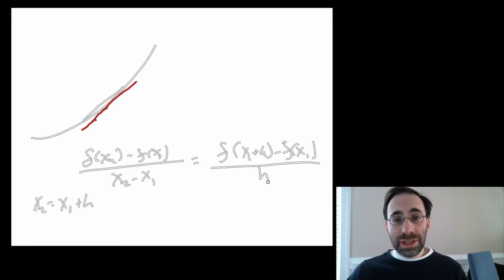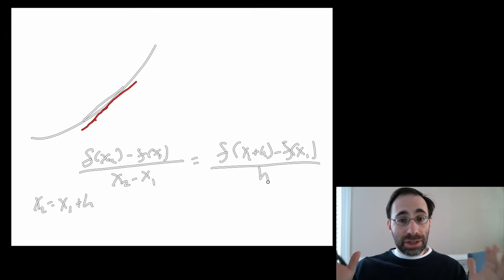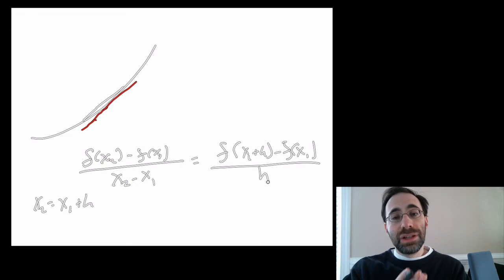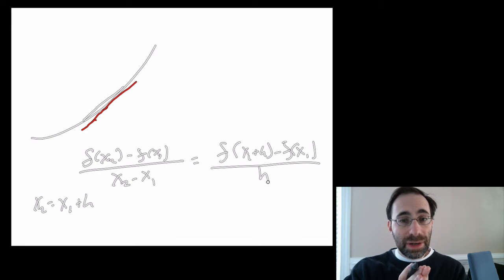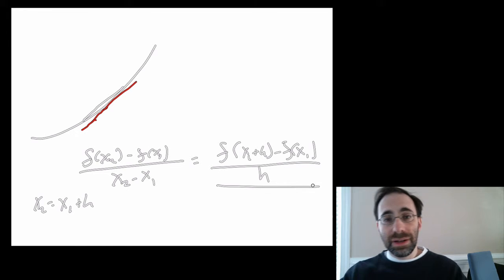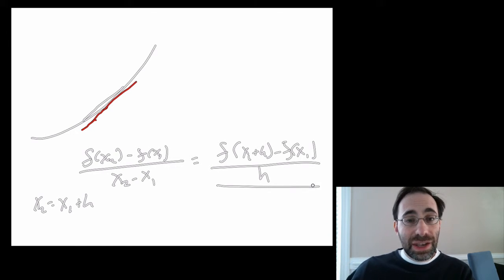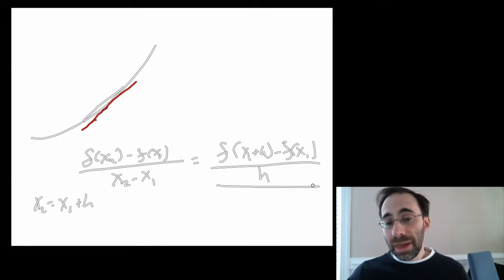Why do we do that? Well, now, since h is the difference between x1 and x2, and in the limit x1 and x2 are the same point, on the tangent line, h gets smaller and smaller and eventually goes to 0. So a derivative can be taken as a limit of that thing as h goes to 0. And that's it.